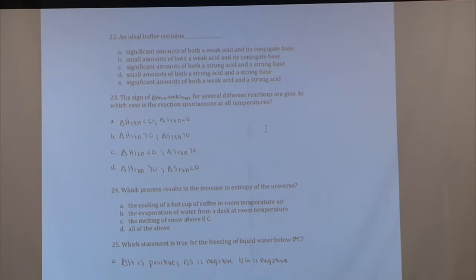And so this one would be A, significant amounts of both a weak acid and its conjugate base. Yeah, A is the answer. And that's also in your book, and I think this is also from one of y'all's tests.